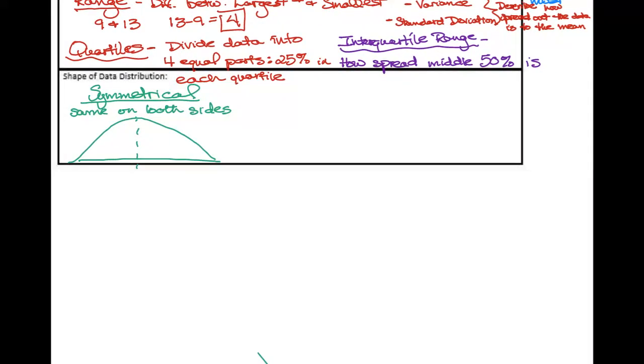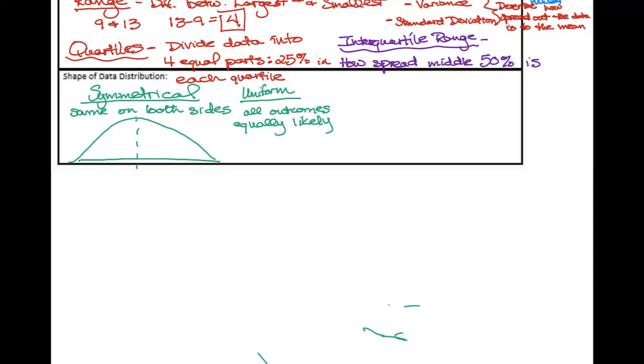Okay, and we also have uniform. And this one, I think, is a little bit more difficult to understand. All outcomes are equally likely. Try to leave some space underneath for the picture too.